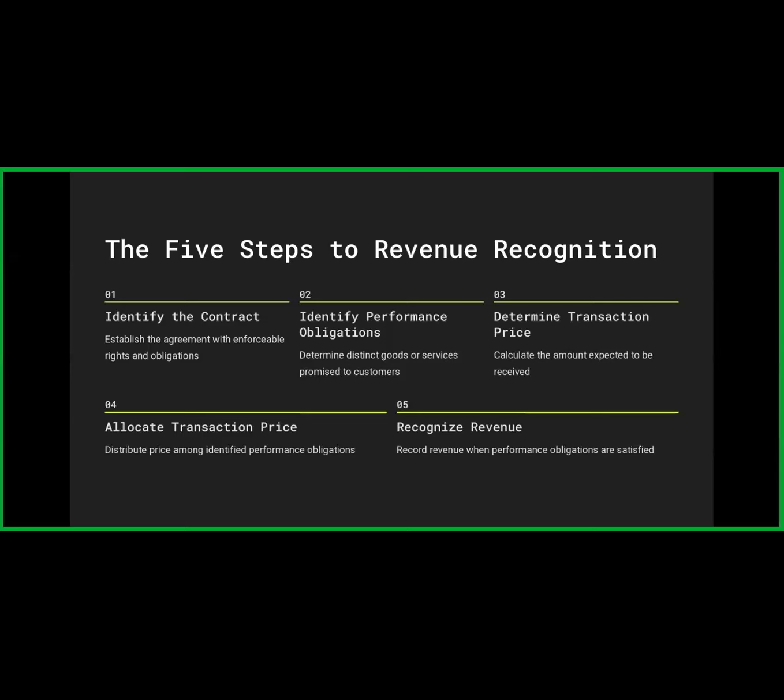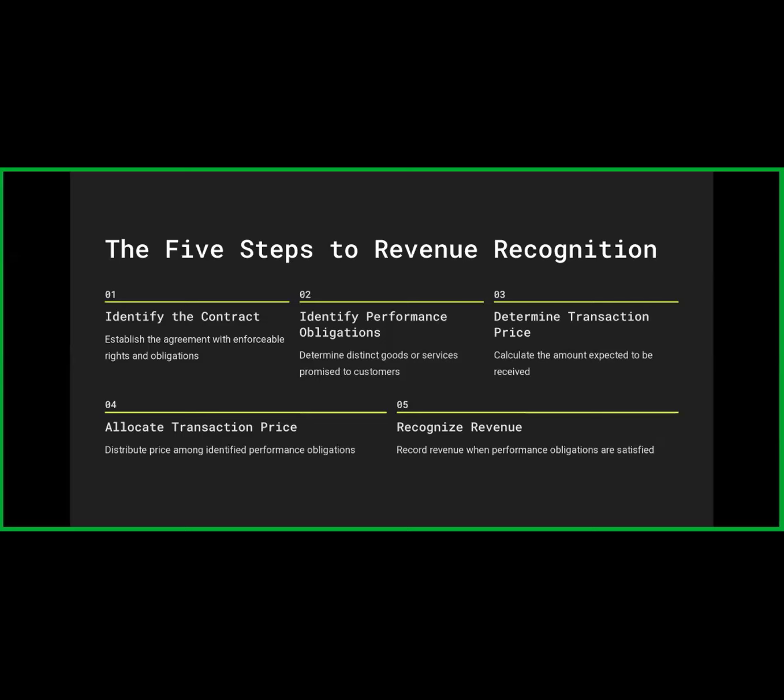In the third step, the price mutually decided by the company and the customer, we calculate the amount expected to be received for the goods and services which the company is going to deliver to the customers. So that much amount the company expects in return in exchange for the different goods and services.